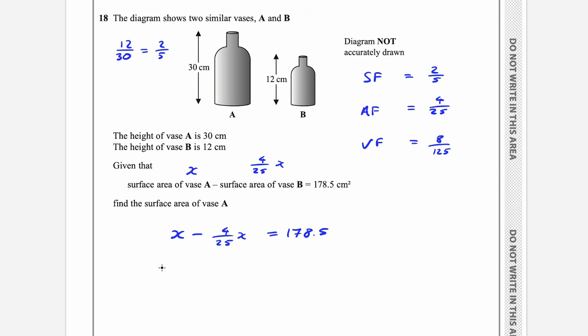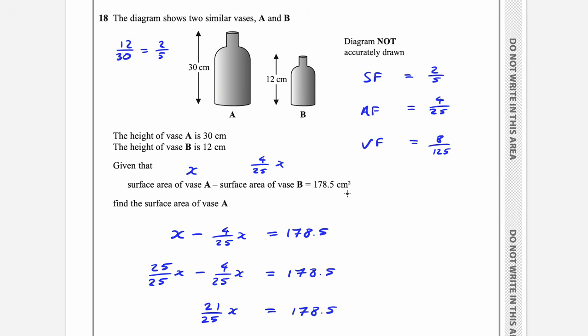You can think of this as 25, I want a common denominator, 25 over 25x, that's like 1x, which is the same as this, minus 4 over 25x equals 178.5. 25 minus 4 is 21. So this is 21 over 25x.